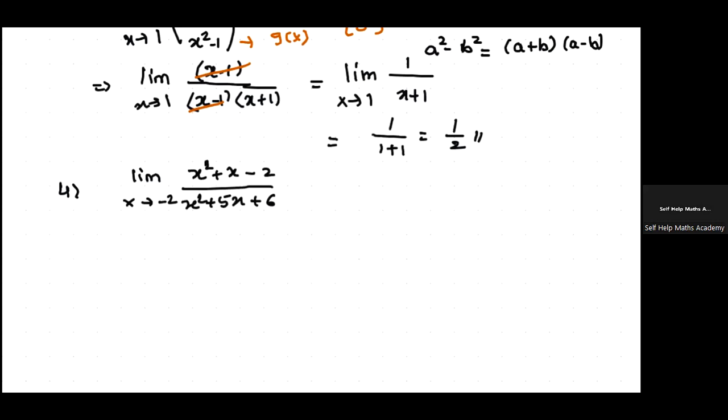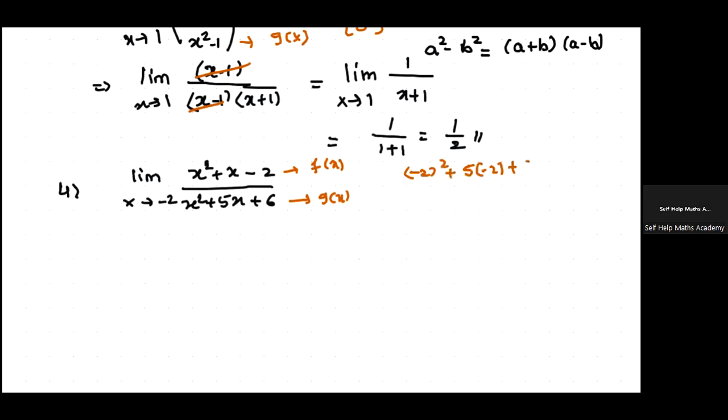Again, in this case, this is your f of x and this is your g of x. If I substitute x is equal to negative 2 in the denominator first, this will be negative 2 the whole square plus 5 into negative 2 plus 6.